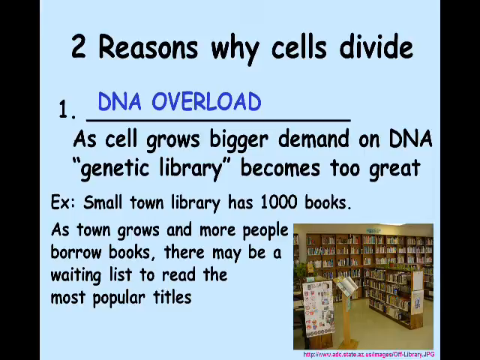It's too much to do. And that's what happens in a cell. As a cell gets bigger and bigger, that one nucleus finds it harder and harder to provide the information for all the goings on inside the cell.